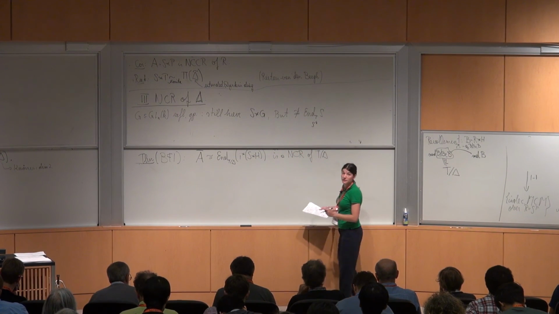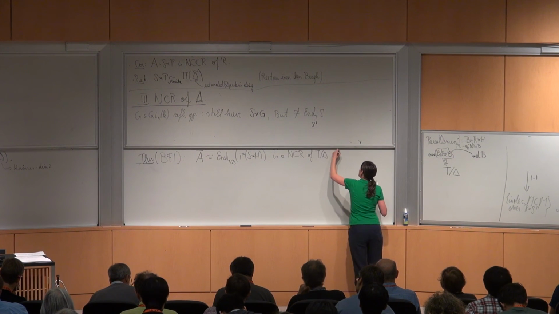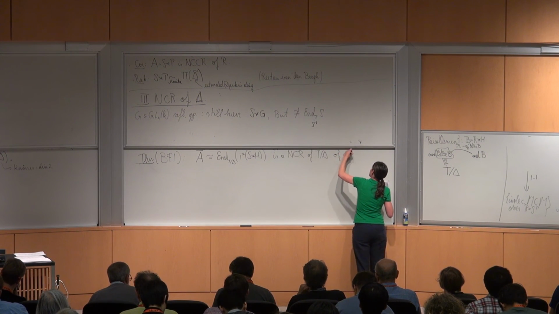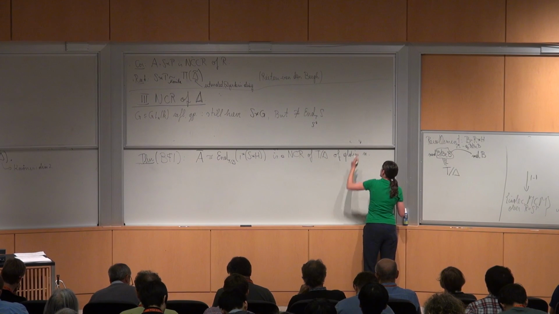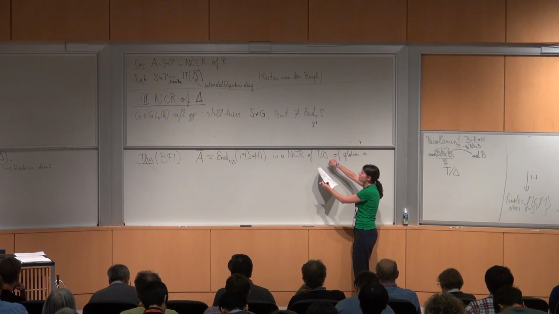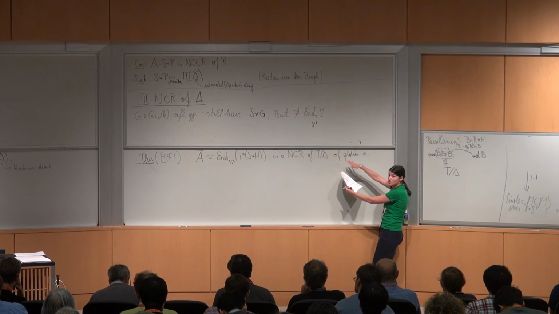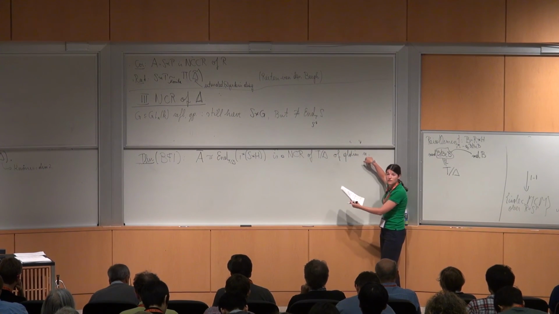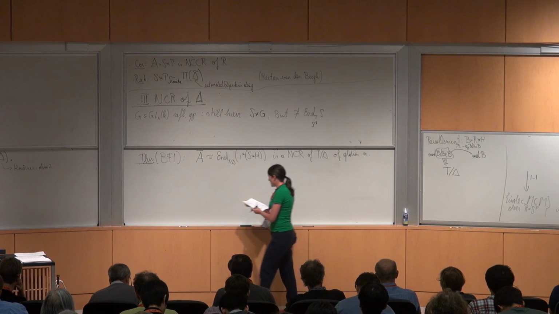It's not crepant because it has global dimension n, while T mod delta is only a hypersurface in T, so it's of Krull dimension n minus 1, but this thing here still has global dimension n.